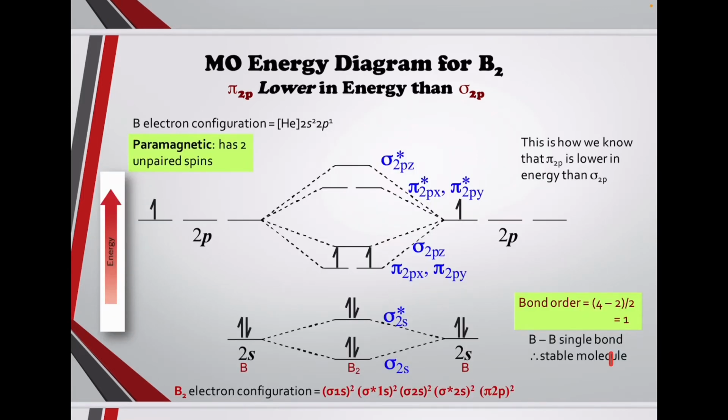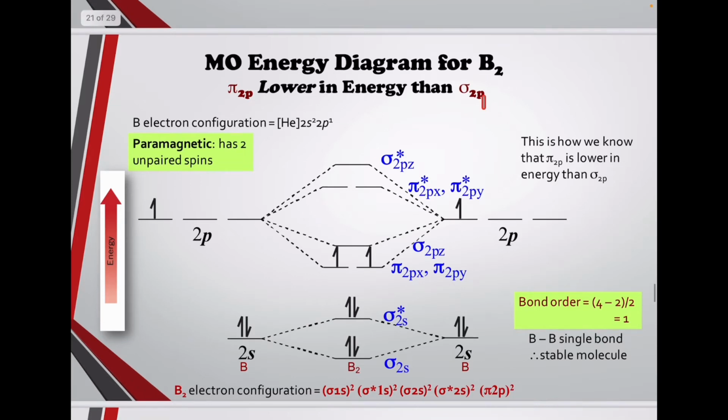For the molecular orbital energy diagram for B2, pi 2p lower in energy than sigma 2p. So you must remember 1 2 1 2, start with Li2 to N2, and O2, F2 and higher is 2 1 2 1. First, write the boron electron configuration. So this is the valence electron 2s2 2p1.